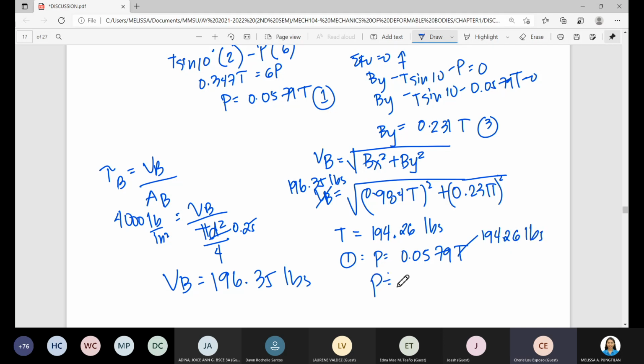Therefore, P is equal to 11.24 pounds. So, this would be our final answer. Okay, so screenshot na lang.